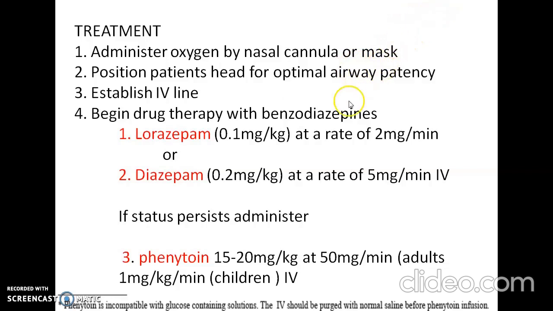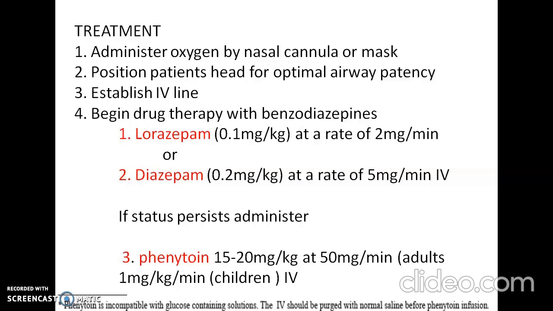If status persists, then we can go for administering phenytoin 15 to 20 mg per kg at 50 mg per minute. In adults, 1 mg per kg per minute can be administered.